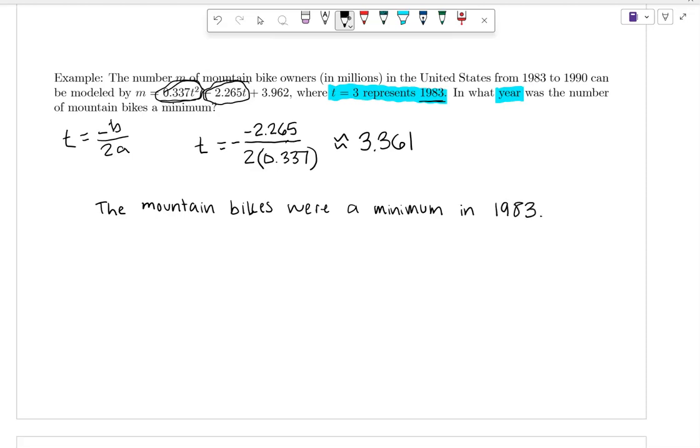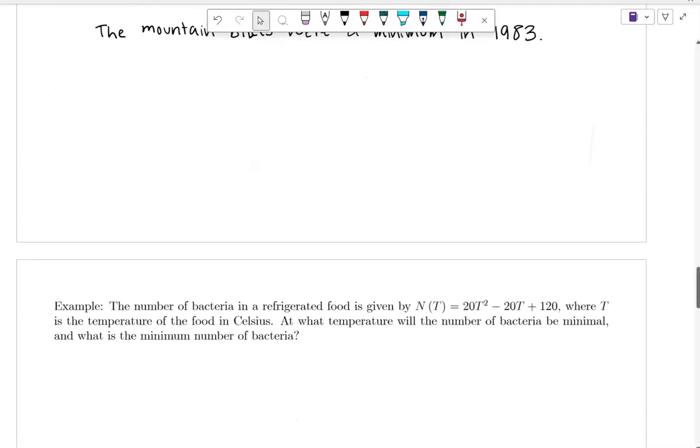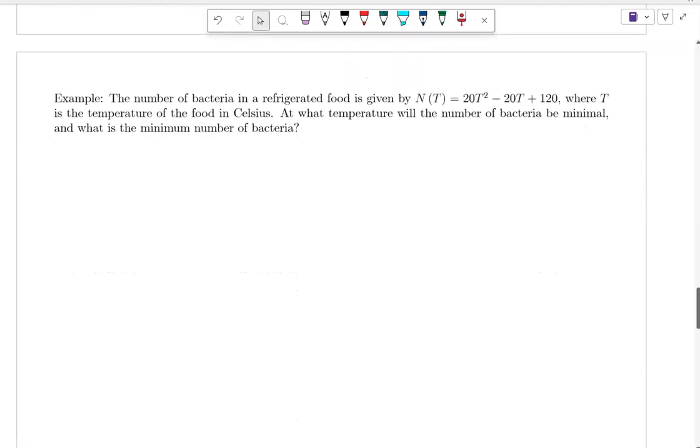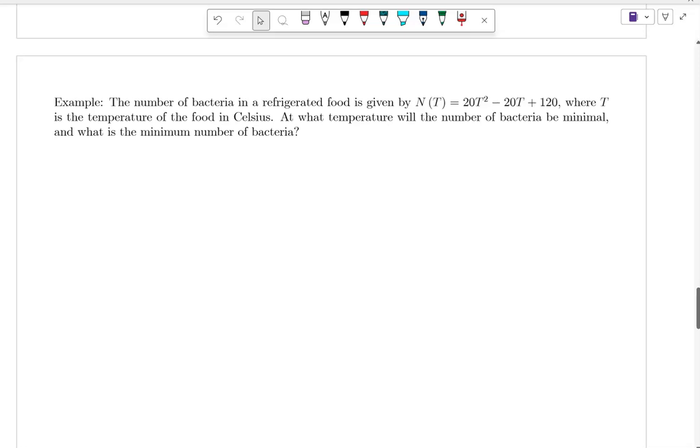All right. I'll talk through the beginning of this, but then I'm going to give you a review sheet over this. I'll explain, but we won't go through the whole problem. So for this problem, we have the number of bacteria in a refrigerated food. The number of bacteria is going to be this, and right here you can see your T is representing the temperature of the food in Celsius.